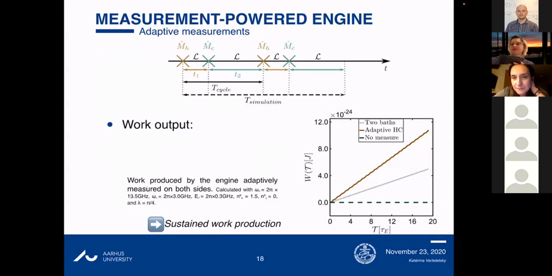I guess it would be, well, I don't know if it's exactly the same. I guess it is comparable, because the adaptive scheme does ask the system whether it is in a favorable situation or not. But if it's not, then we apply this projective measurement with this unselective measurement scheme.